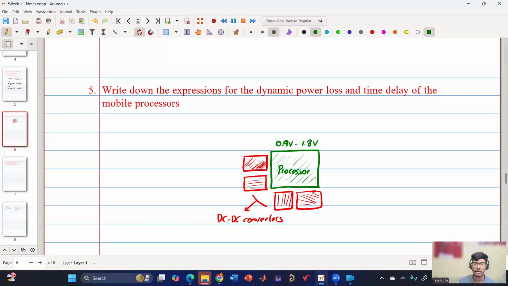Now why is this voltage varying? Because not just the processor, but there is also RAM, there is also memory. Each of these loads will require certain voltage levels depending upon how they are designed. But also this voltage can vary on the go.